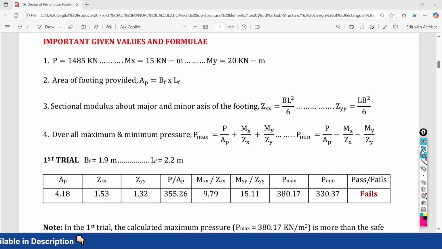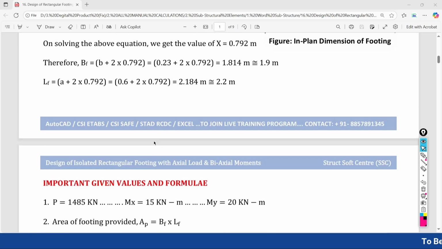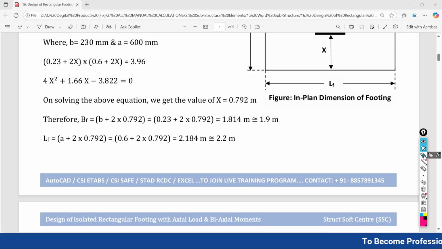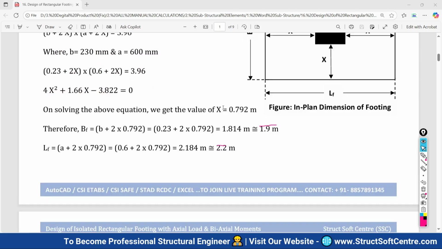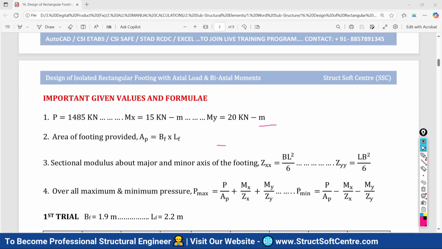So we are going to proceed with calculating all these values in our first trial. We already decided the length and width of the footing. The 1.9 and 2.2 meter width and length of the footing are safe only for the axial load, but we are going to include the moment also.